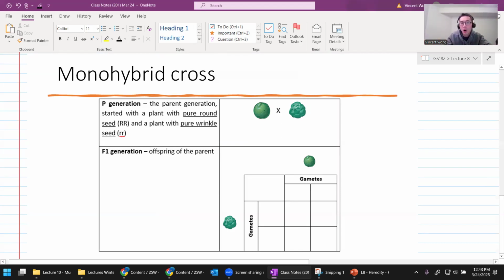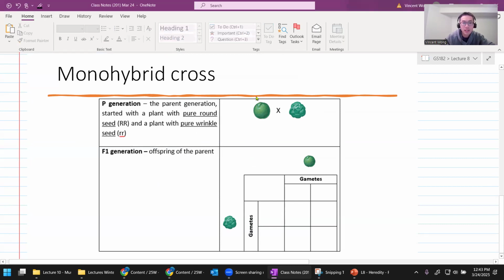He didn't know whether round is dominant or whether wrinkled is dominant.